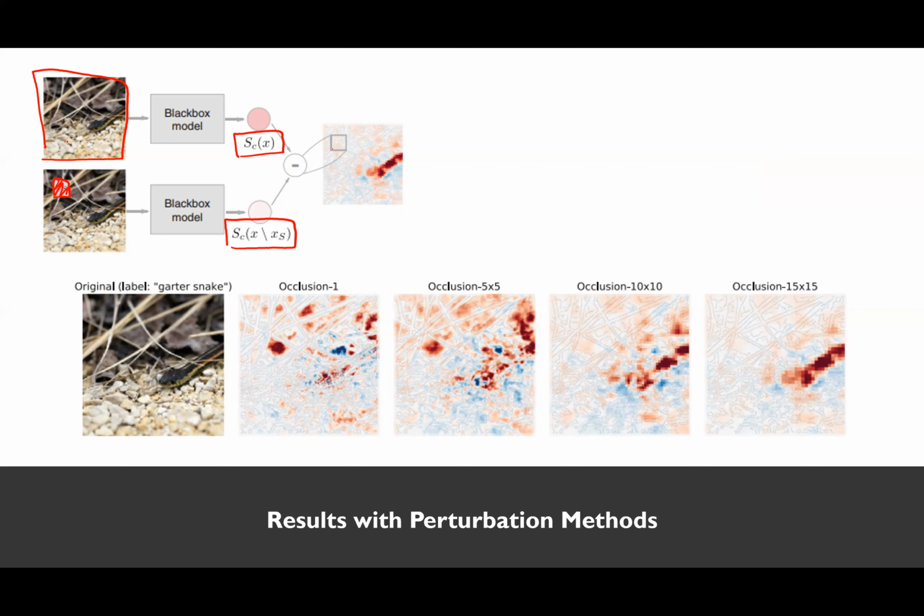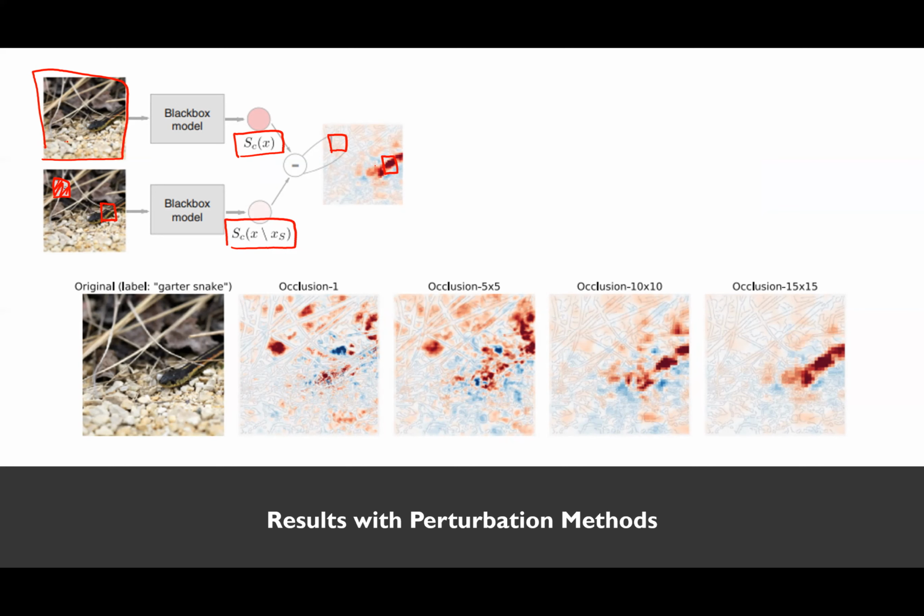The difference of these scores is the attribution score for the perturbation method. When we occlude where the cartoon snake is located, the score of the cartoon snake class drops much.